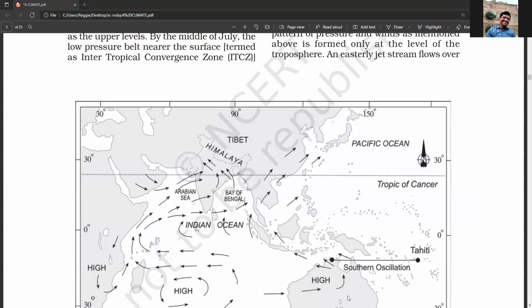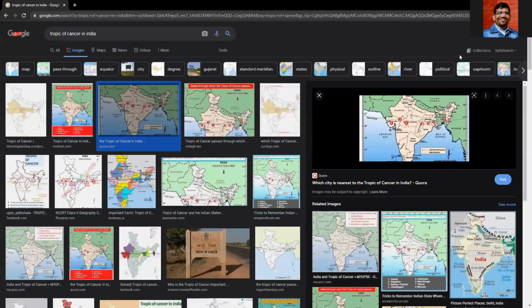So you can see the Tropic of Cancer passing through India, which we have already shown you. This particular line that you are seeing is the Tropic of Cancer.